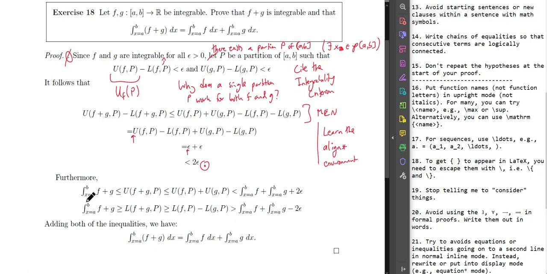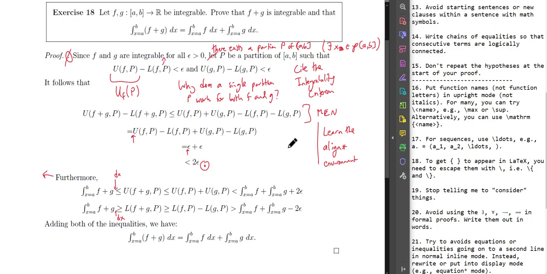Furthermore, okay, probably don't need to start a new paragraph. This integral is less than or equal to the upper sum is less than or equal to the sum. Yeah, again, this isn't justified. Is less than this plus 2 epsilon. And okay, also notation-wise, you notice you're missing your dx's.